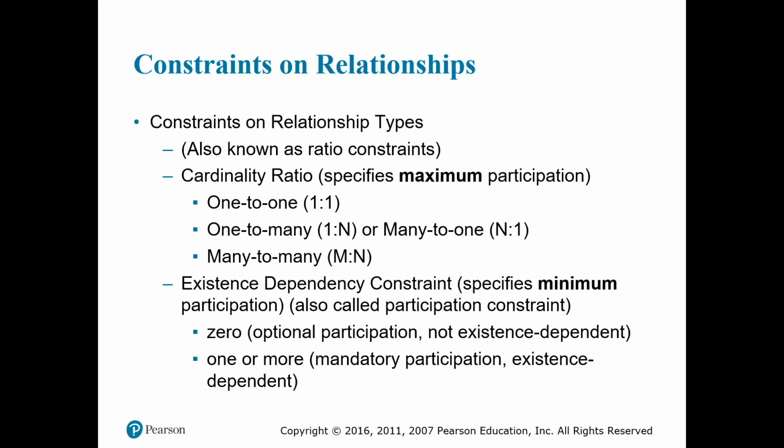Sometimes when you don't know where they're going to be working, there will be a temporary department, maybe orientation. They work for the orientation department. But you've got to pick one. That's a one or more participation constraint.